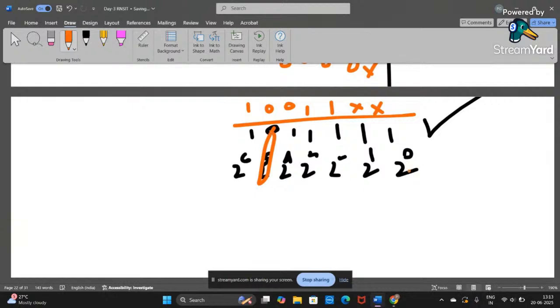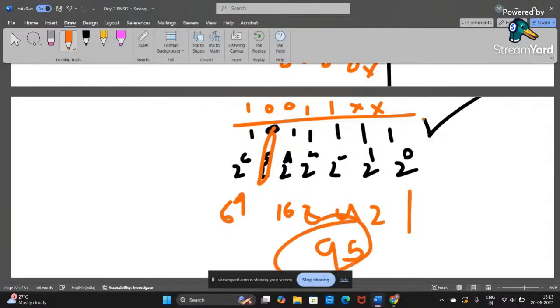Don't calculate this. 2 power 0 is 1, 1 into 1, it is 1. 2 power 1 is 2, 2 into 1, it is 2. 2 power 2 is 4, 2 power 3 is 8, 2 power 4 is 16, 2 power 5 into 0, it is 0, 2 power 6 is how much? 64. Add all this. 64 plus 16 plus 8 plus 4 plus 2 plus 1 is 95. So the final answer when you convert to decimal, you will get 95 base 10.